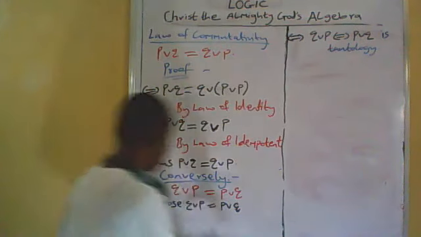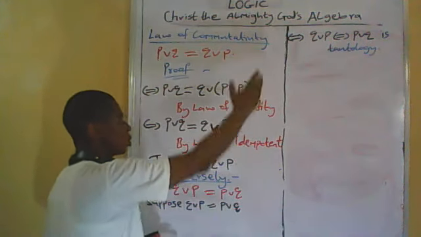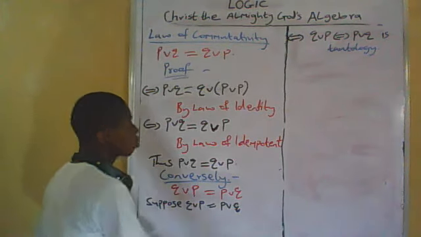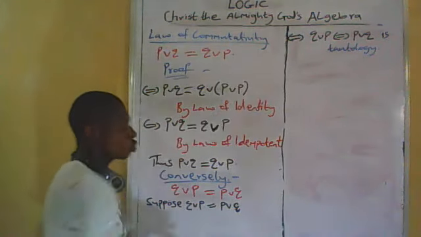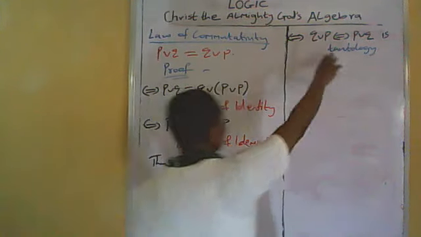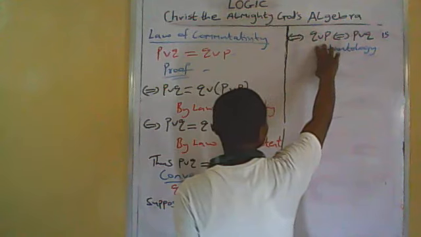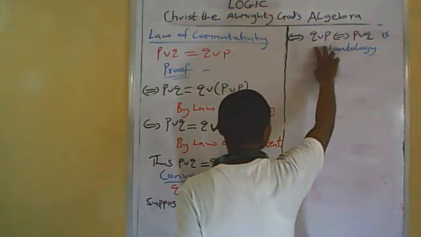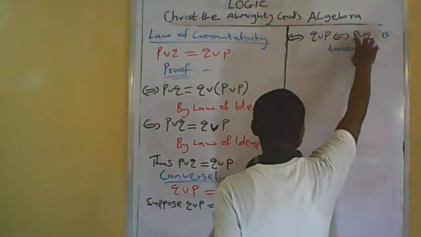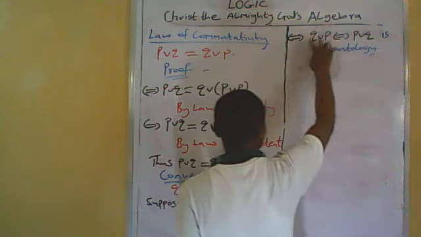We have now transformed this equation to a biconditional statement. If this is true, then this biconditional statement is also true, because whenever the left equivalent is true, the right equivalent is also true. Whenever the right equivalent is false, the left equivalent is also false.